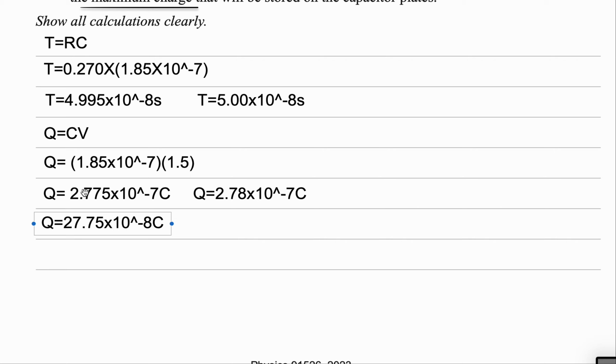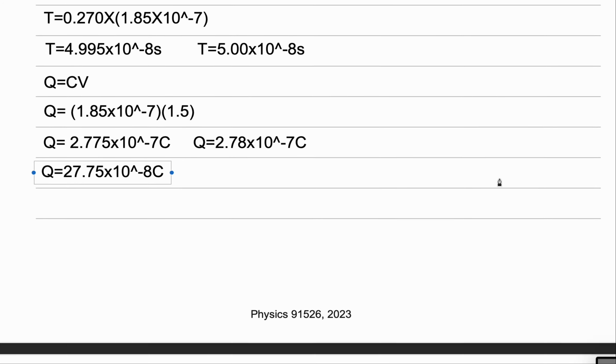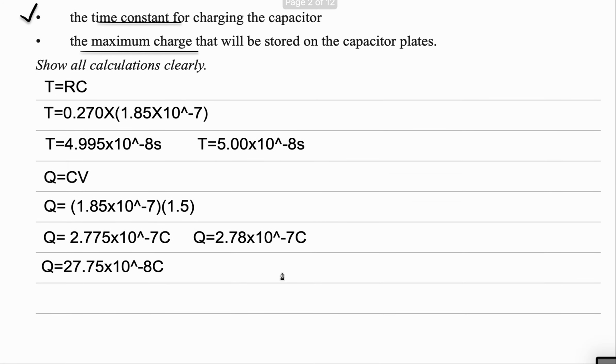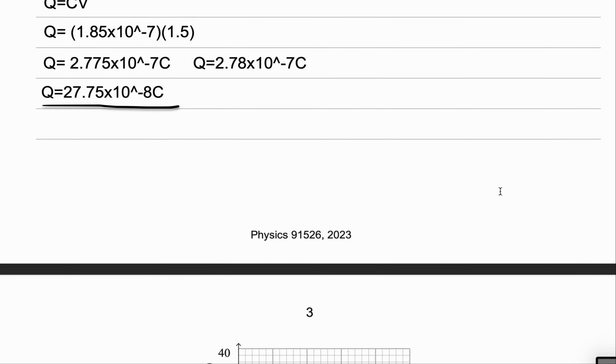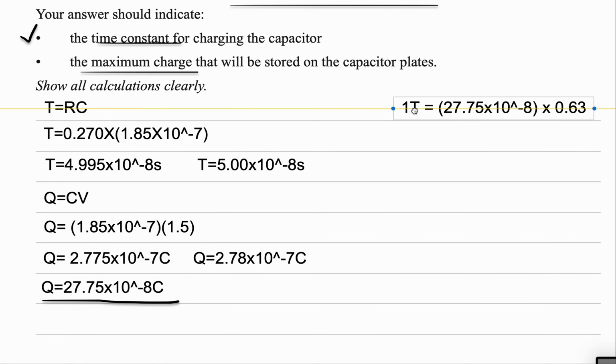I've also just used the unrounded answer so our future answers will be more correct. Okay, so now we know that's the maximum charge on the capacitor plates. We need to find the charge on the plates every time constant. The first time constant is the maximum charge times 0.63.